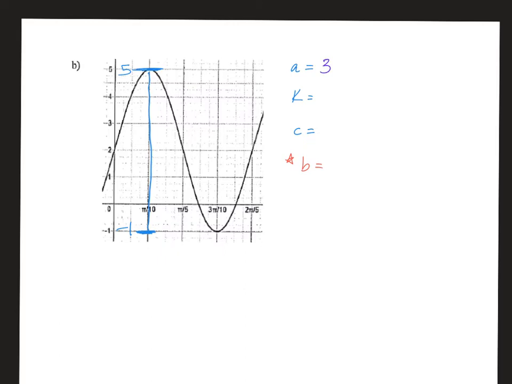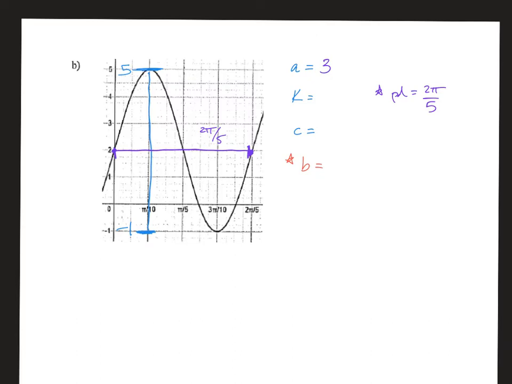If I take a look at how long it takes to repeat, my graph seems to go from a 2, up past 2, back, and return to 2 in that time span. So what was the distance that took? That was from 0 to 2 pi by 5. I know then that my period is 2 pi by 5.